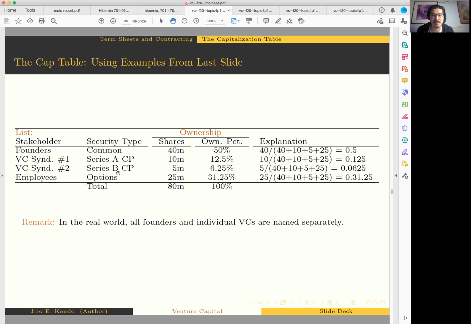And then the other venture firm that invested with them in the B round, let's say it was Excel. Excel owns 2.5 million shares. So people organize it in different ways, right? But the thing that matters is that you realize every number here is on an as converted basis. Are we okay with that?